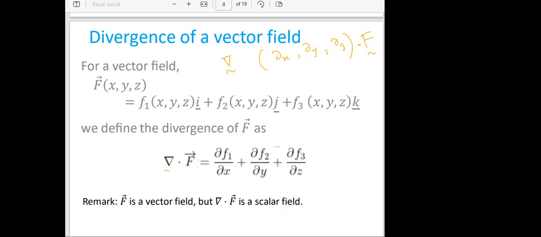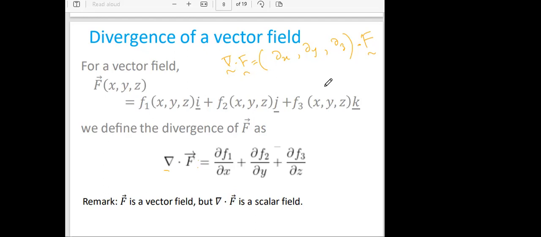We call this the divergence of the vector field f, right?